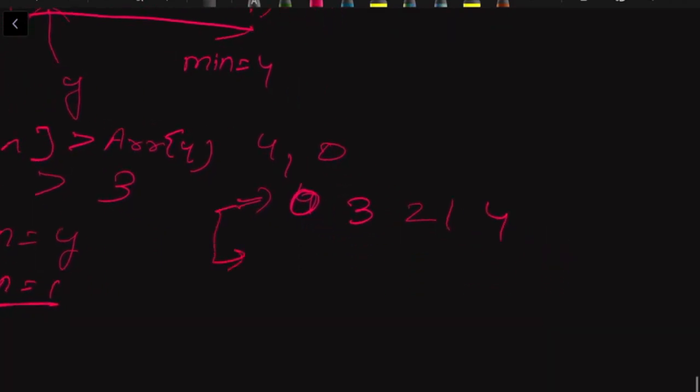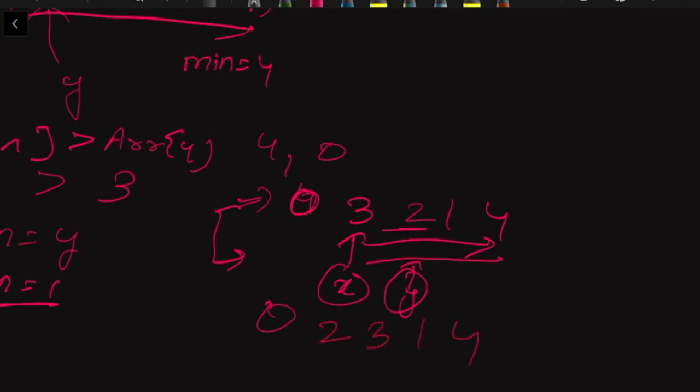In the second iteration, it will again start here with 3, this is x and this is y, and we'll find the smallest element on the right-hand side, which is 2. So we'll just replace this, 2 3 1 4.